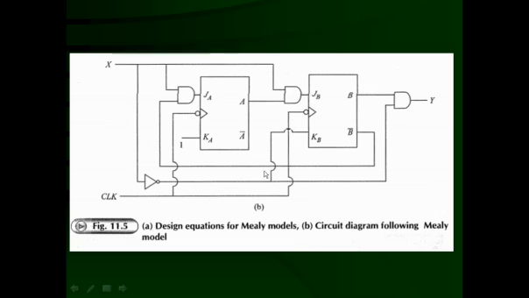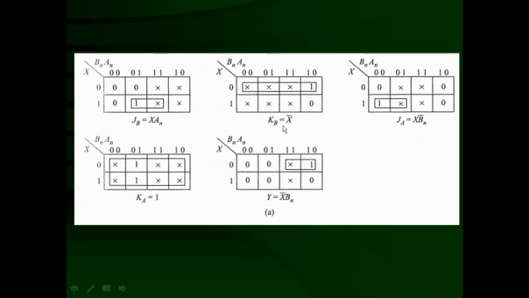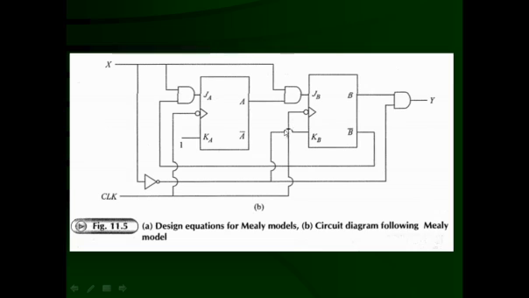What is required for KB? KB is required only X bar. If you see the equations, KB is required only X bar. So this X is going to be inverted through this NOT gate, and the output of the NOT gate is connected as KB. That way J and K of flip flop B are connected. Now similarly, what is required for J?